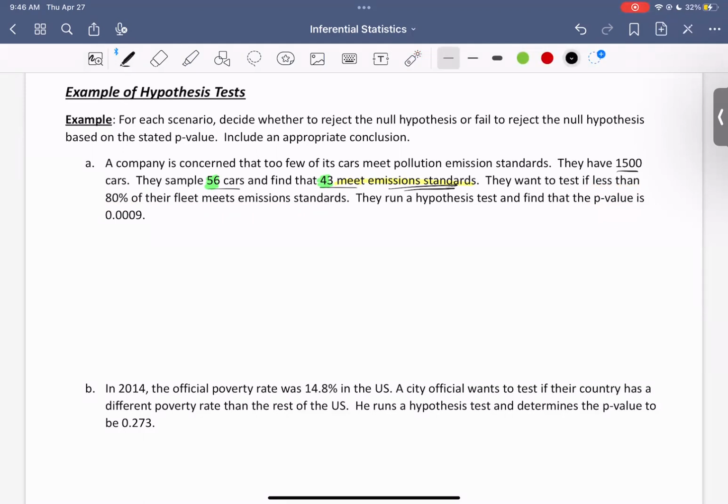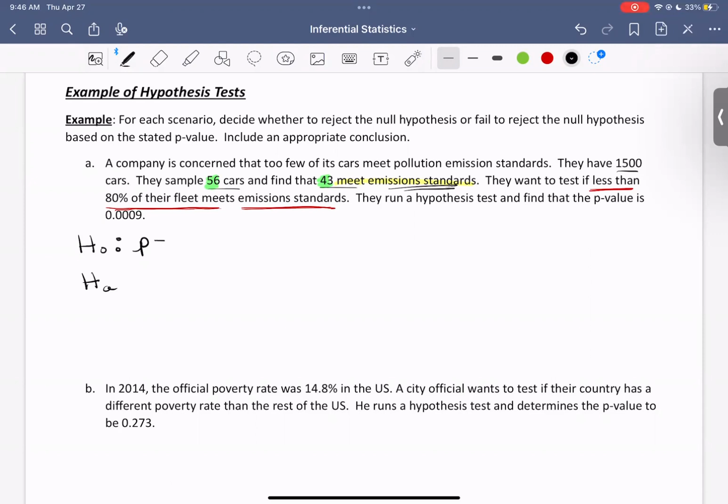All right, so let's go through the steps. First of all, we need to set up the hypotheses, so H0 and HA, or H naught and our alternative. What are we assuming here about our population? Well, we want to test to see if less than 80% of their fleet meets the emission standard. So the status quo would be that 80% of their fleet does reach that standard.